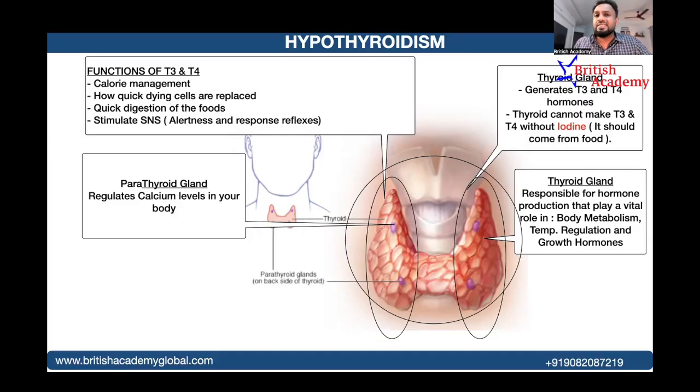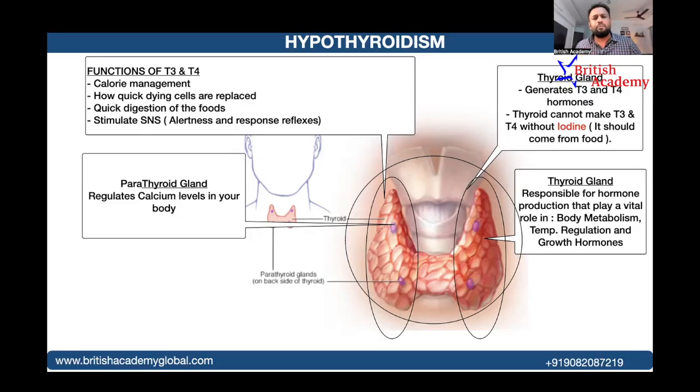So it becomes an essential and integral part of the physiological functions of your mind and body. That's the reason it is an important topic. If you are writing your NCLEX RN examination and want to ace it in the first attempt, you need to understand these physiologies.